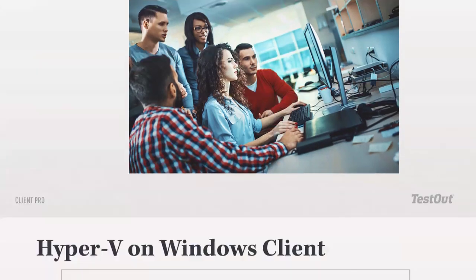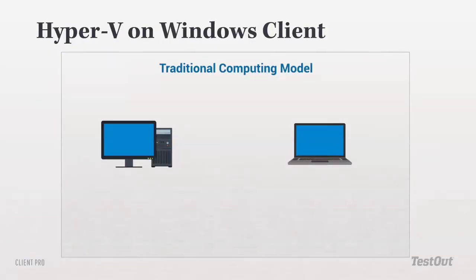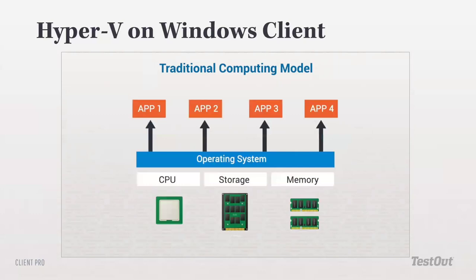So how does Hyper-V run on a Windows client? Well, let's first of all go back to the concept of virtualization and what happens when you virtualize. In a traditional model, the hardware is limited to the one operating system that is on that computer, and you can now share that hardware across computers.